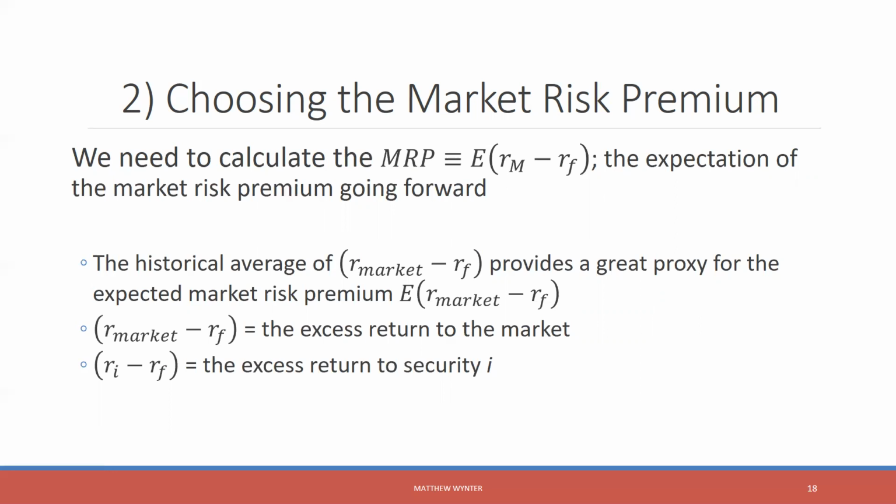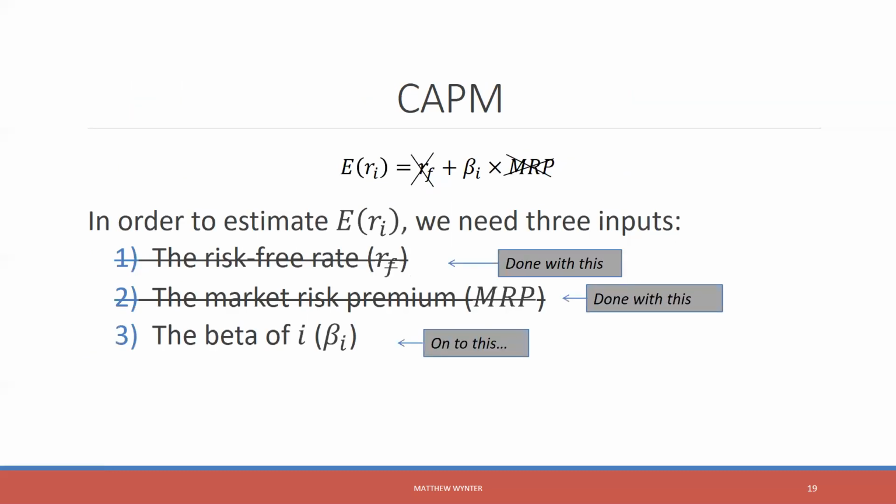We have the excess return for the market, so that's the return for the market minus the risk-free rate. And we also have the excess return for the security. That's the return for any security minus the risk-free rate. So we use the average excess return for the market as our proxy for the expected return on the market risk premium.